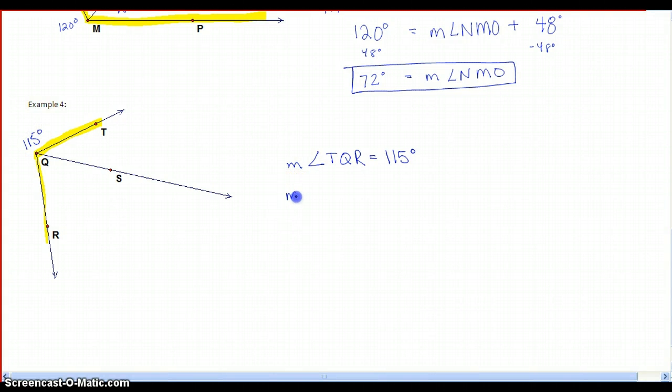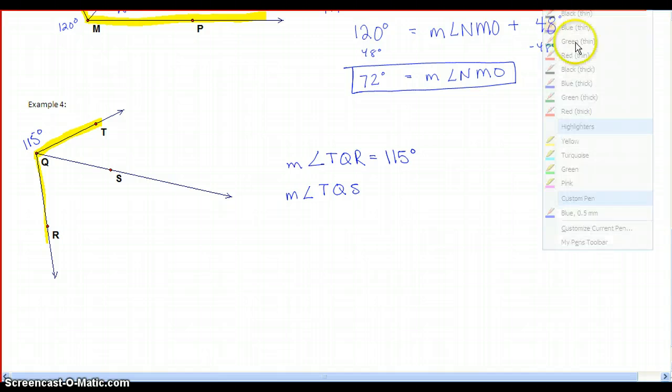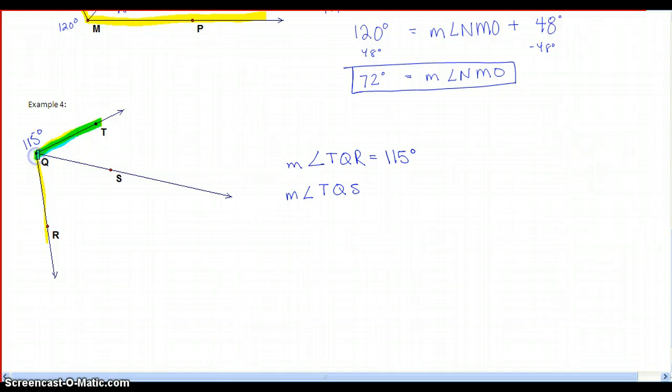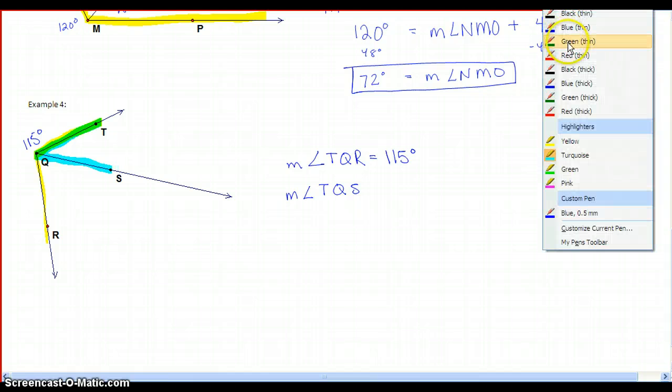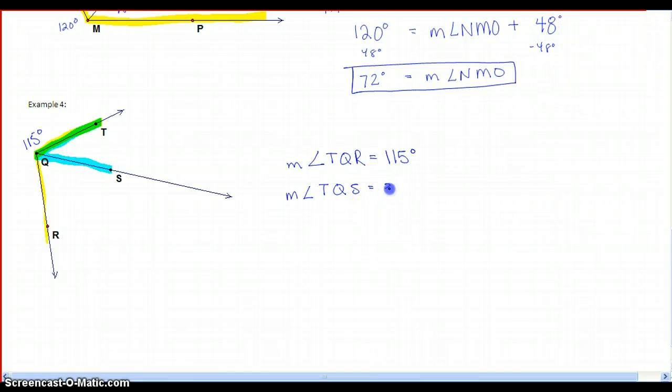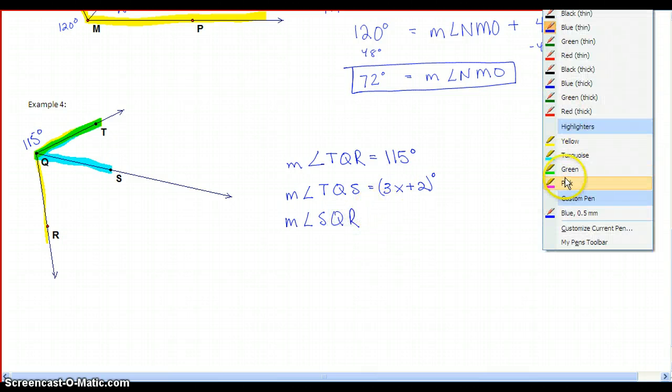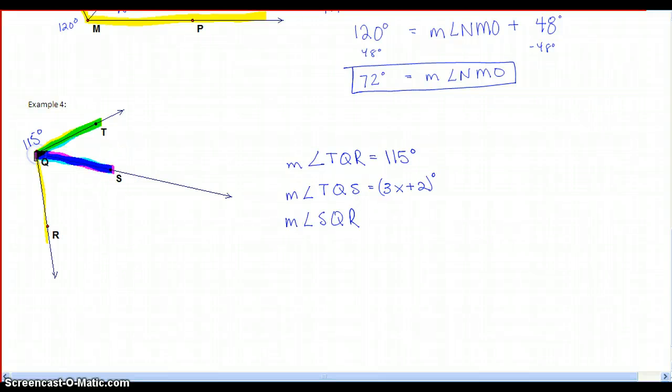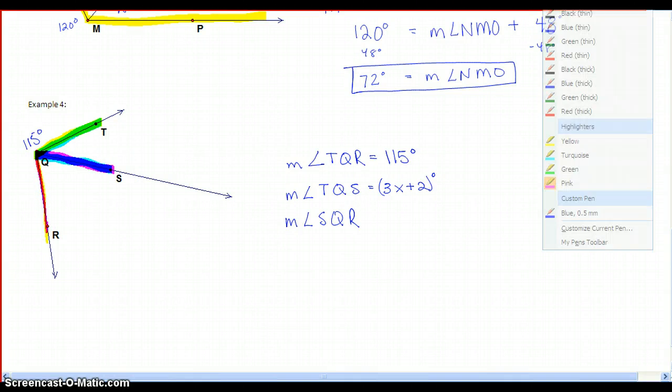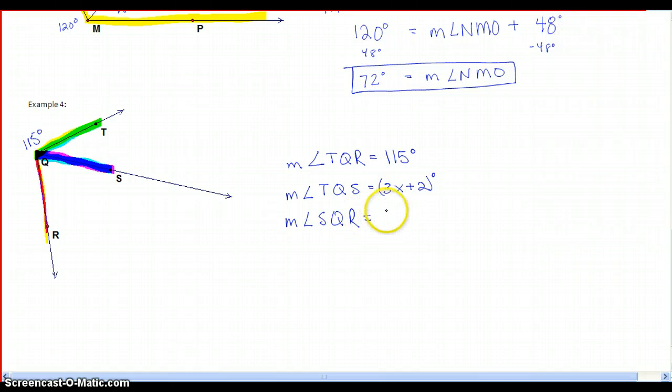I'm then going to tell you that the measure of angle TQS is 3x plus 2 degrees. And you write it in parentheses so the degrees are applied to everything. The measure of angle SQR is 2x plus 3 degrees.